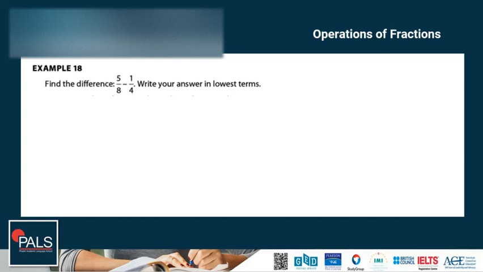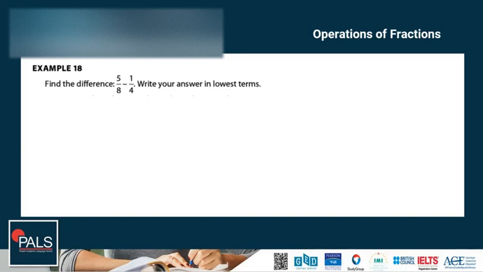So first, we need to find the common denominator. Because these fractions do not have the same denominator, we need to use techniques to find a common denominator. The denominator 8 can be divided by 4, so 8 is the common denominator.